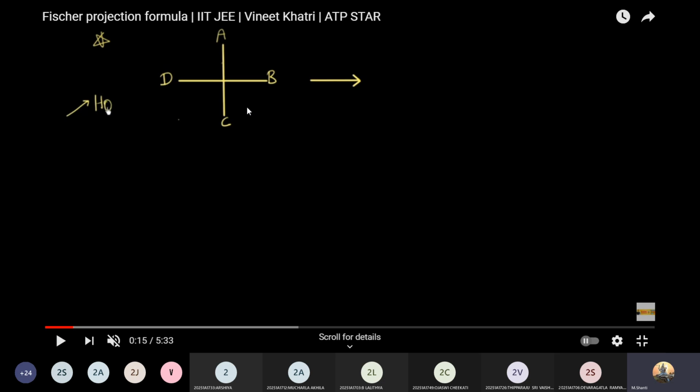In the Fischer projection, as I told you, you have horizontal and vertical line representation. That is what you can see on the screen, where the carbon is identified as the point of intersection of these two lines. So here you are not going to represent the carbon anywhere. Now, those substituents which are lying on the horizontal line will be below the plane or above the plane.